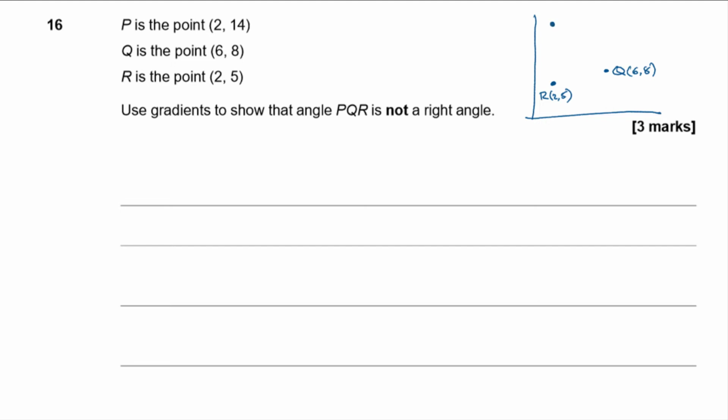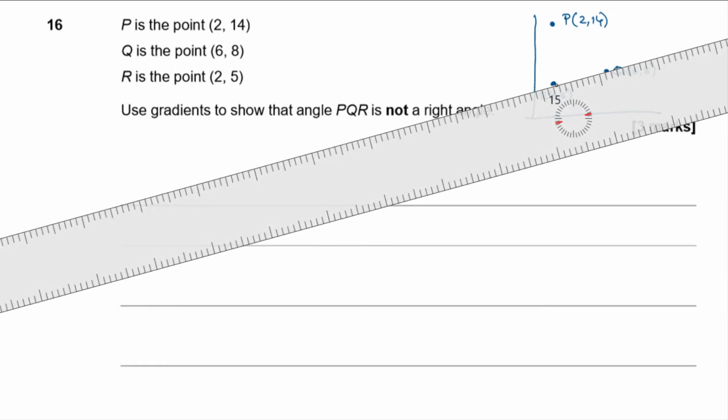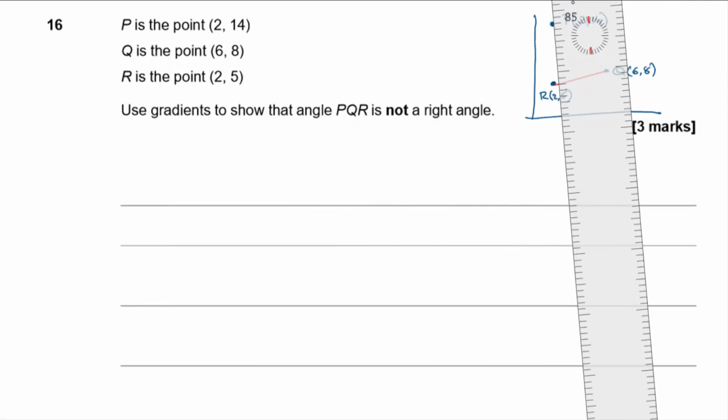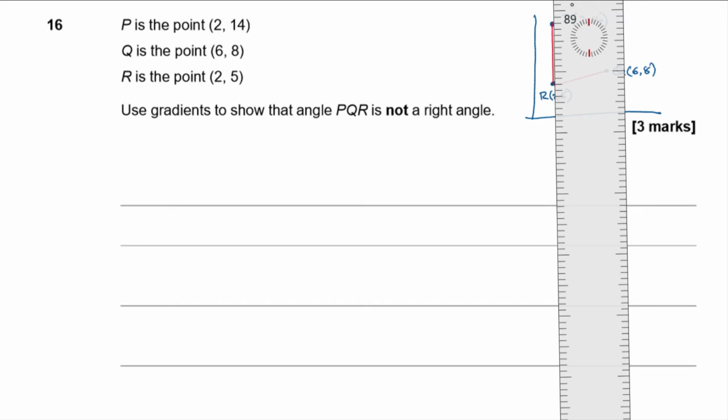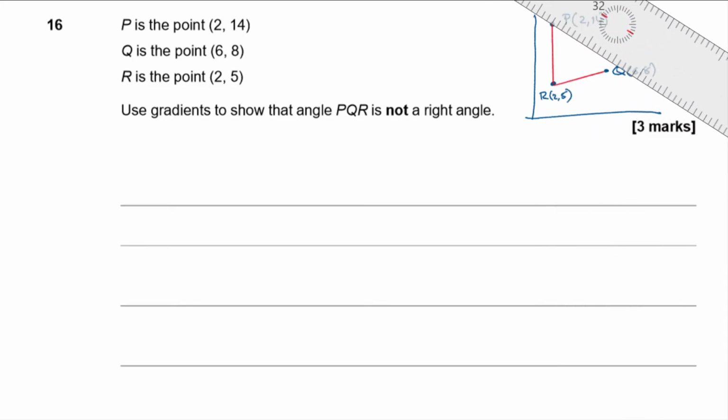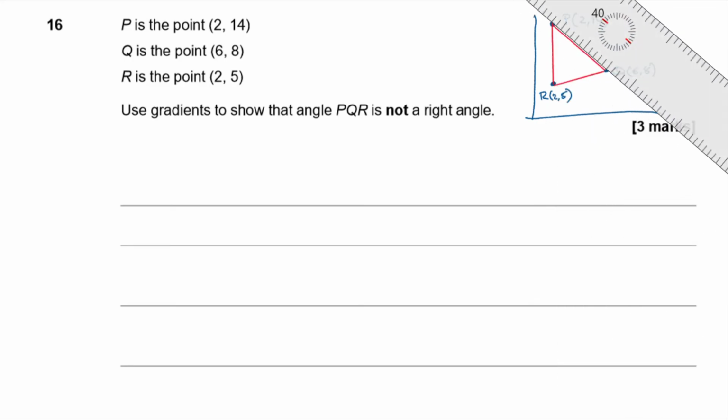Okay, so that's my point P. I'm just going to join those up. I think it helps to have a little sketch, otherwise you're holding too much in your brain, and a nice little sketch helps.